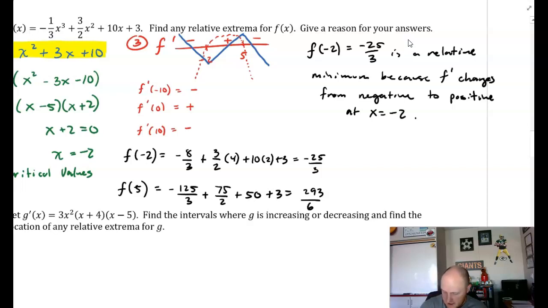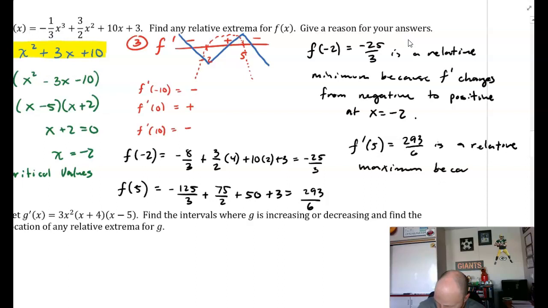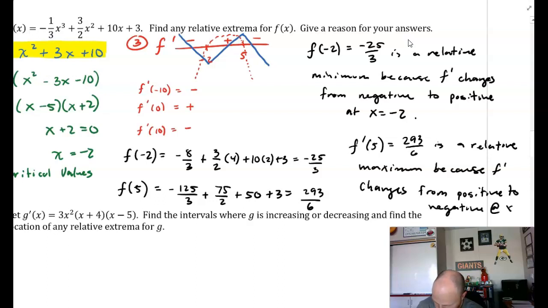Okay, next idea. All right, f of 5, which equaled 293 over 6, is a relative maximum because f prime changes from positive to negative at x equals 5.